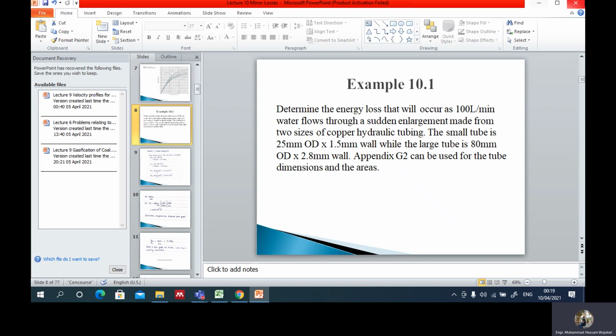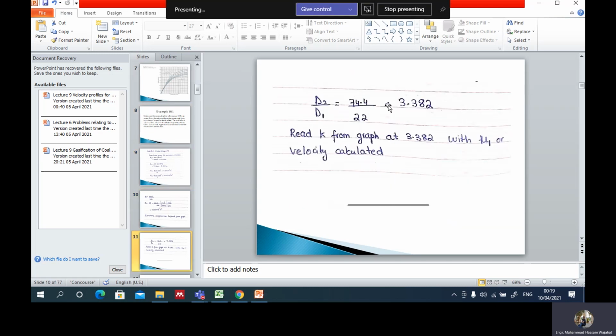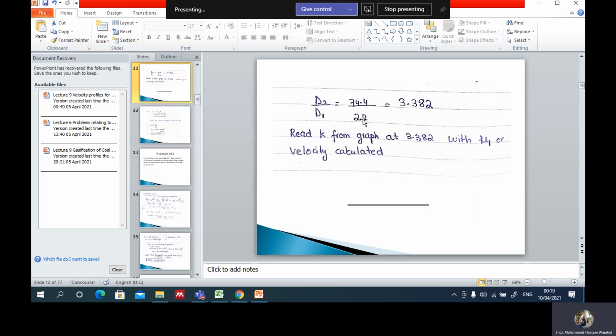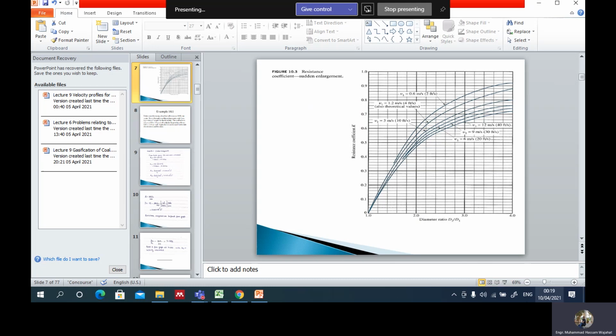And U1 and U2, U1 was coming 4 point something, 4.38, which I had found. The reason I'm talking about U1 is because I said that in enlargement cases, our interest is in the smaller pipe. तो अगर मैं 3.8 3.3 को देखूं, 3.3 comes somewhere over here.